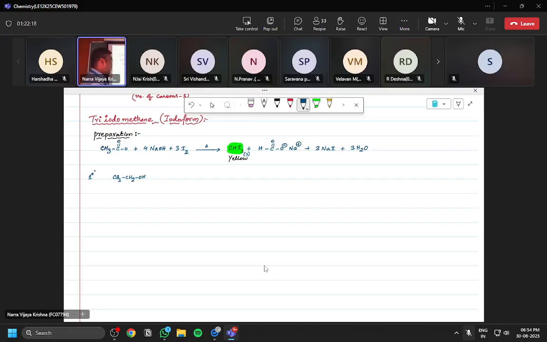Are you able to understand? This is a primary alcohol, no? Primary alcohol will be oxidized in presence of I2 and base. It will be oxidized to aldehyde. If it is converted into aldehyde, are these conditions satisfied or not? Then the iodoform test is as it is. Means primary alcohols also show a positive test.